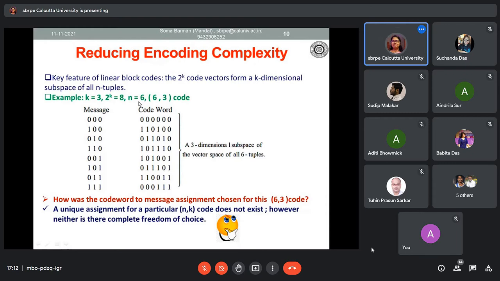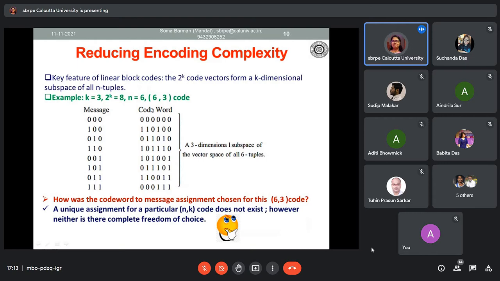In this case, one example shows that message 000 after coding is coded as 000000. To follow the linear block code, the all-zero code word should be in your code.